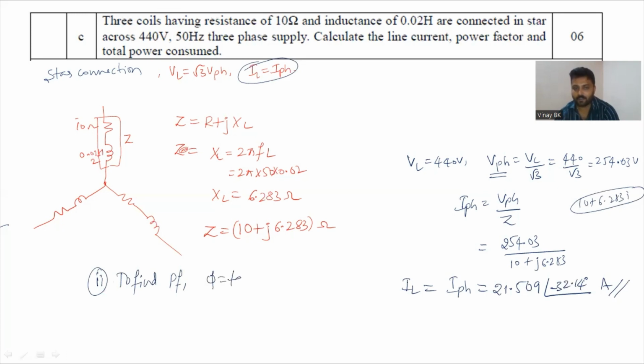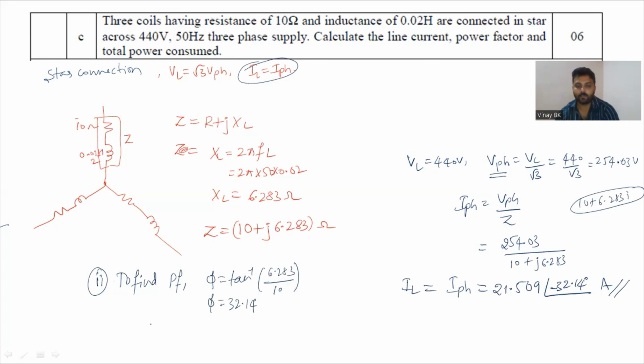Phi is again tan inverse of XL divided by R. XL is 6.283 divided by R, which is 10. So you can get 32.14 degree. Phi is 32.14 degree.